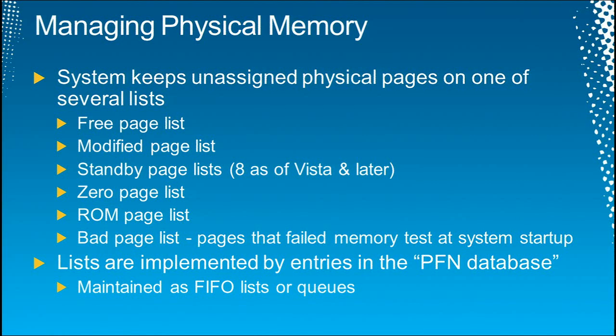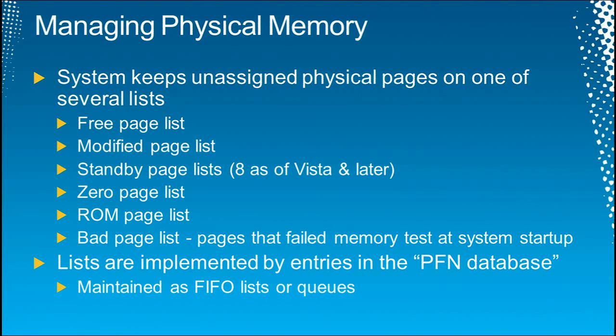These lists are all implemented by entries in what's called the page frame database. The PFN database, for page frame number. Windows has a database where all of these pages have data structures associated with them. All of RAM is represented by an entry in this database, which is also mapped into RAM. The lists I'm talking about are actually linked through those pages in the database.